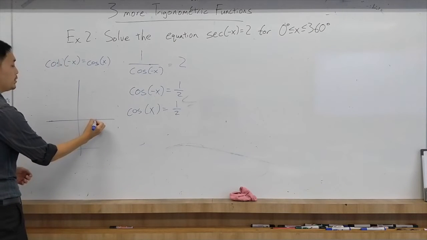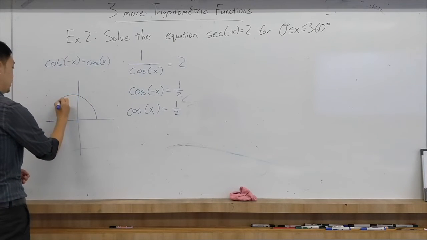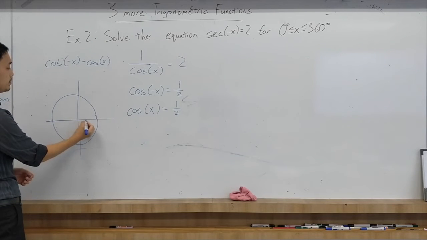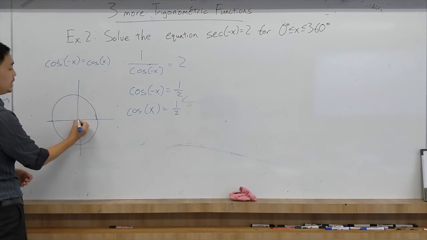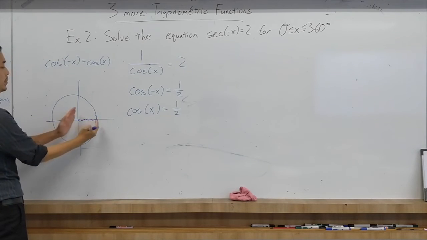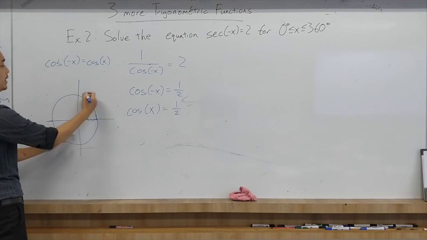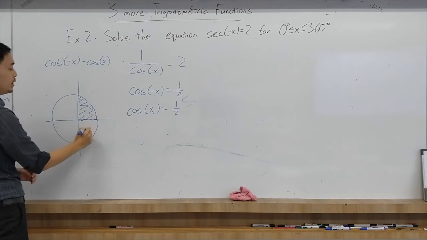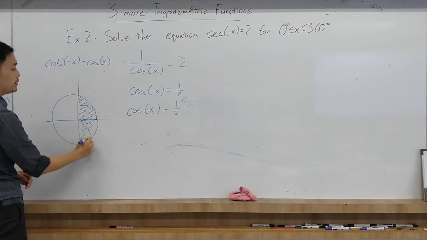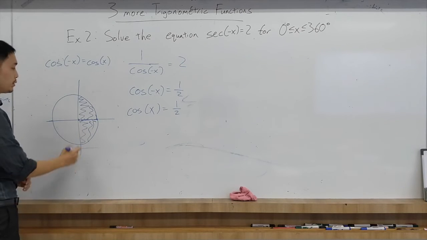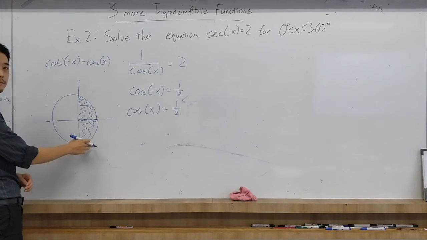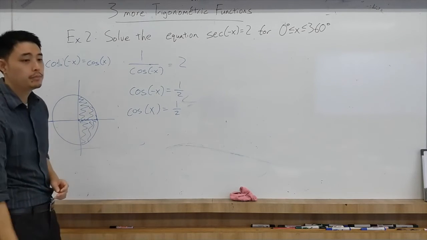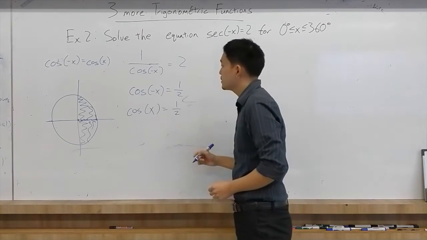So if we look at our unit circle and we look at our x values, what quadrants are my x values positive? Well, we're looking at anywhere from here to here. So we're looking at any positive value here in quadrant 1 and any positive value here in quadrant 4. So we're going to end up with two answers, and they're both going to be on the positive x-axis.